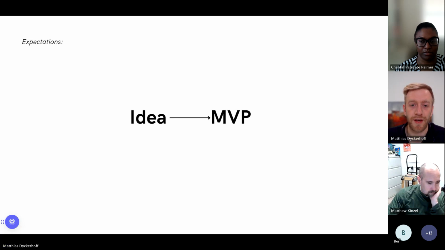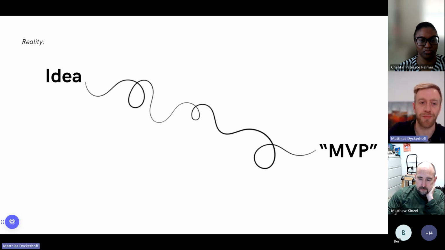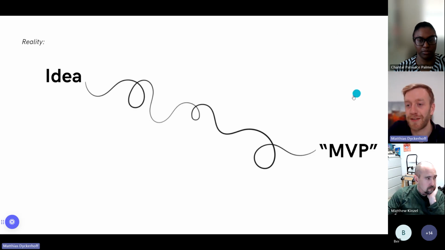I think it led to a lot of boom in this startup culture, especially around technology. But I think there's a bit of a disillusionment around this, of like, okay, if I have an idea, I can just go build an MVP and then test it and everything will be great. But in reality, I think it's a lot more messy than you may expect.